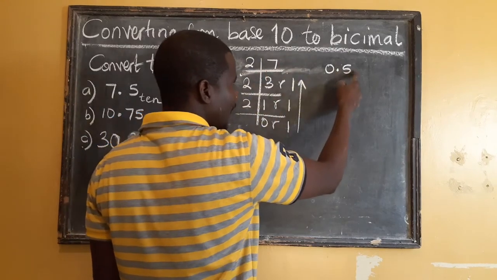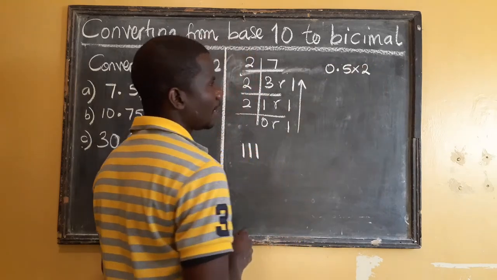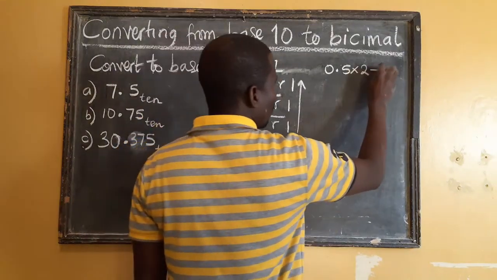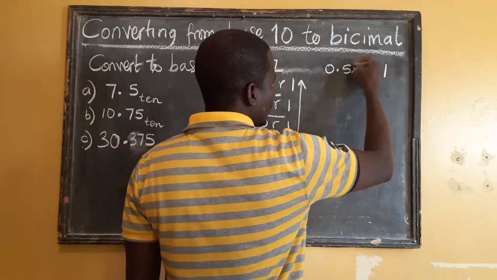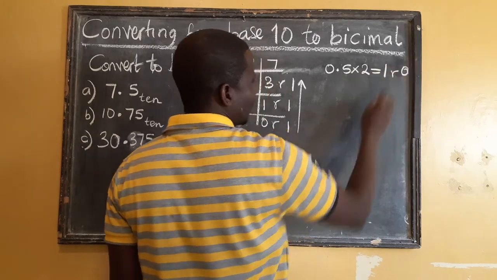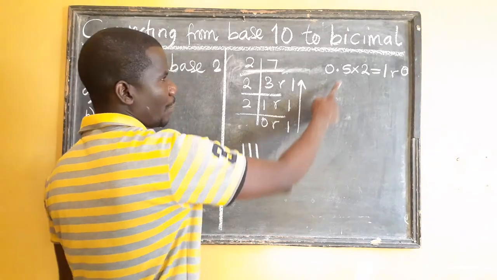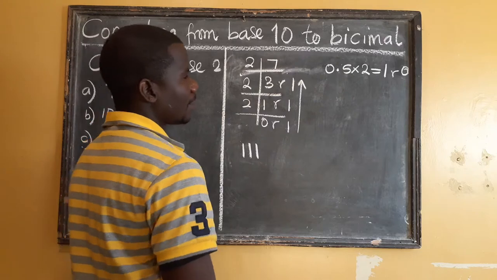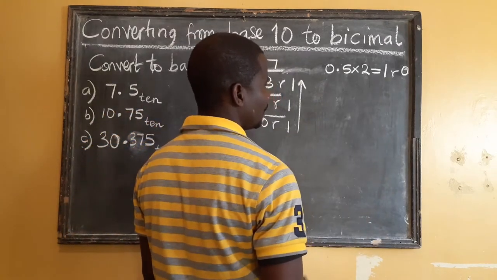Now, on the other side, we shall be multiplying by 2. So when you multiply this number by 2, what do you get? You get 1, remainder 0. When you multiply 0.5 by 2, you get 1, remainder 0. So this is what is going to be your answer here.